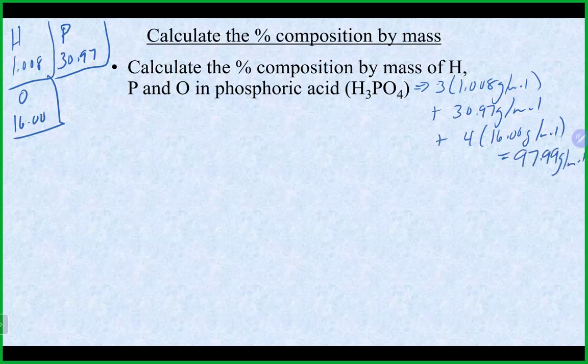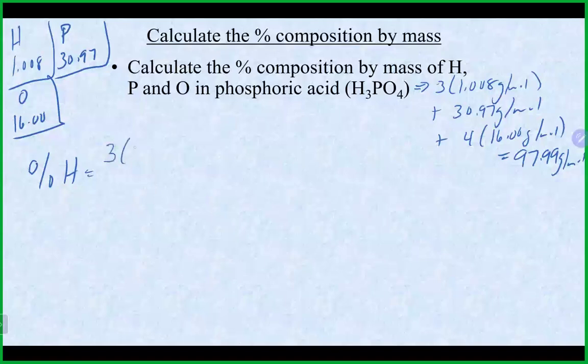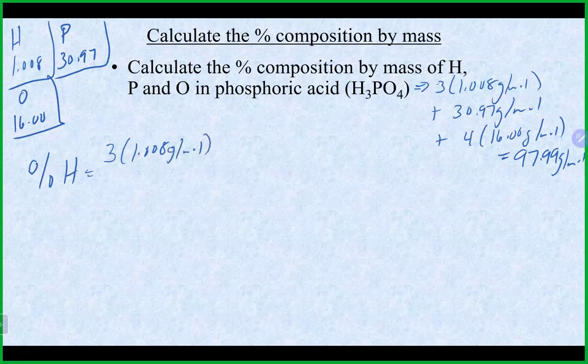We could start with hydrogen here. So we have 3 hydrogens there. So that will go up on top from the periodic table. We'll divide it by the molar mass of the entire compound here and times it by 100%. And that's going to give us a percentage for hydrogen of about 3.086% hydrogen.